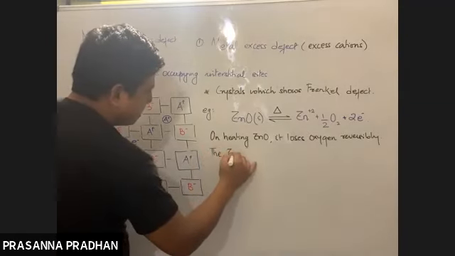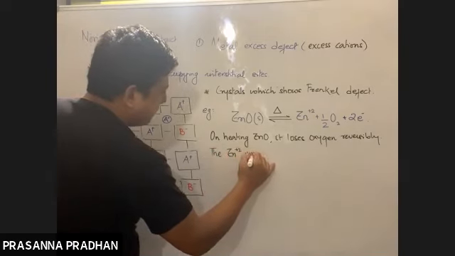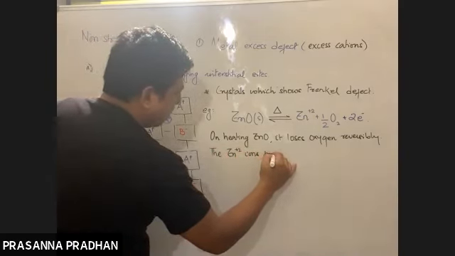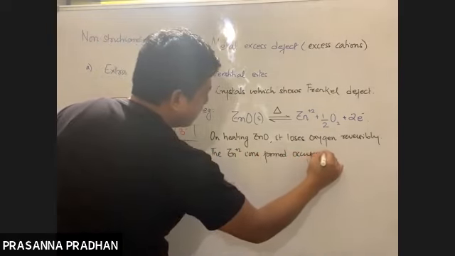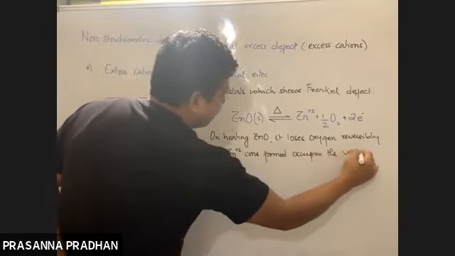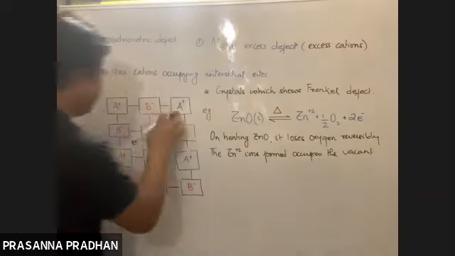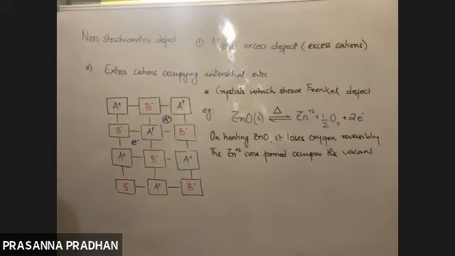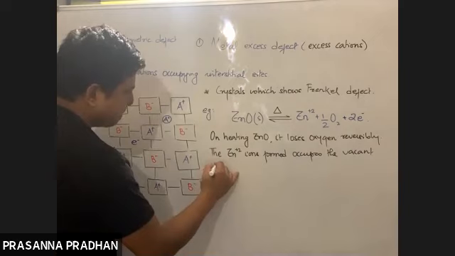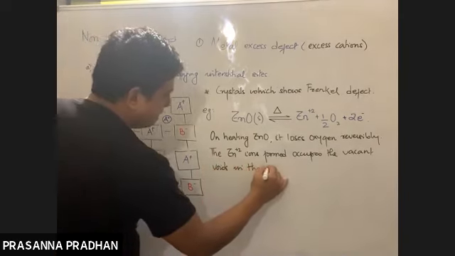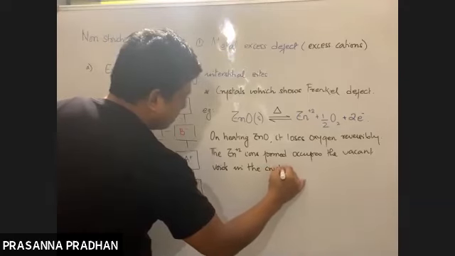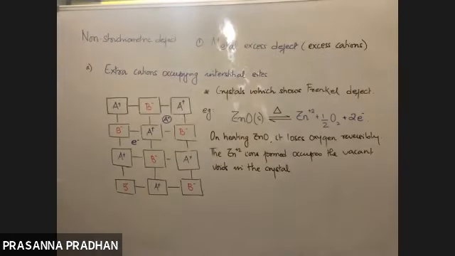The zinc dipositive ions formed, what do they do? They occupy the vacant interstitial positions, the vacant voids in the crystal. The zinc ions formed.